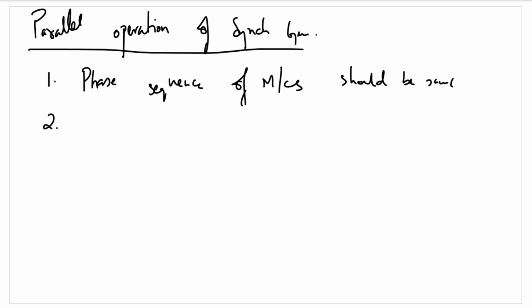That is, A should be at an angle of 0 degrees, B should be at an angle of 120 degrees, and C should be at an angle of 240 degrees. It cannot be that one is ABC and another one is ACB. This will not work.